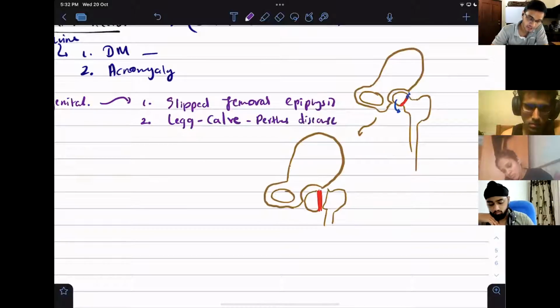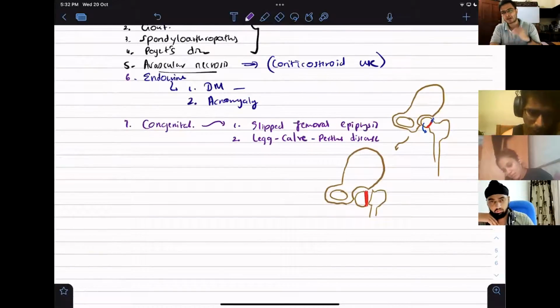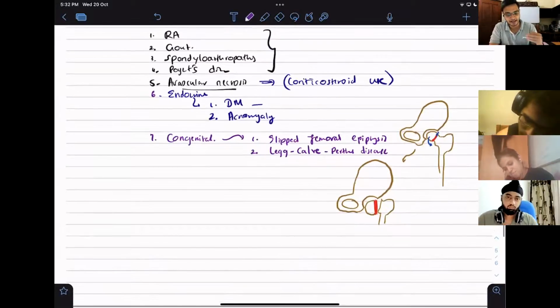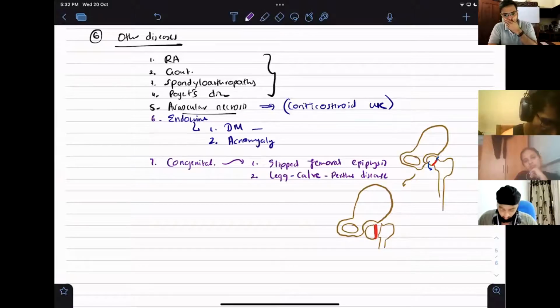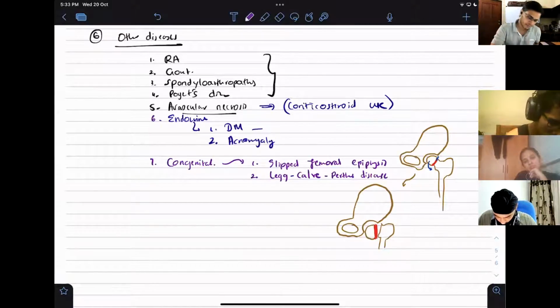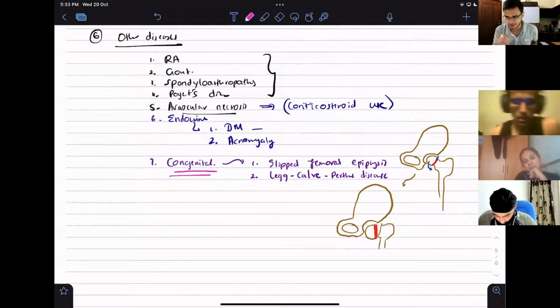Don't worry, juniors, don't get scared of all of this, right? These are not for this chapter, guys, but under the other diseases that can give rise to osteoarthritis, we need to just mention them. You will learn these in depth in other modules. Now, these conditions, guys, we call them congenital, but do we mean congenital osteoarthritis?